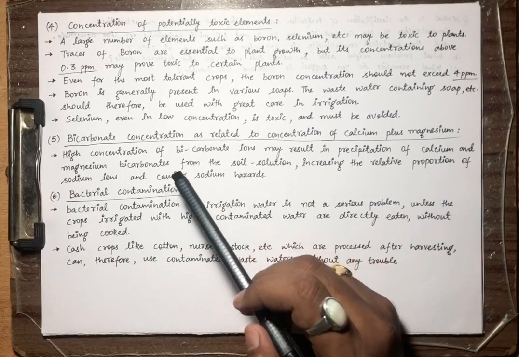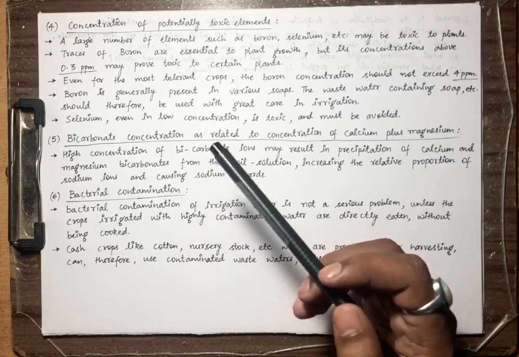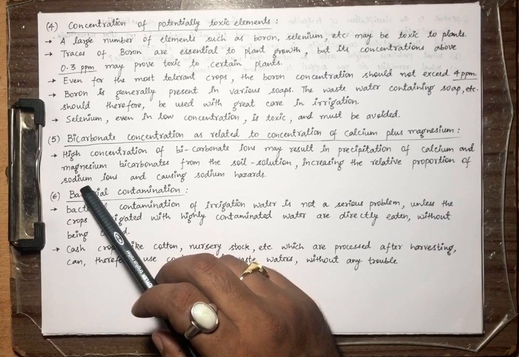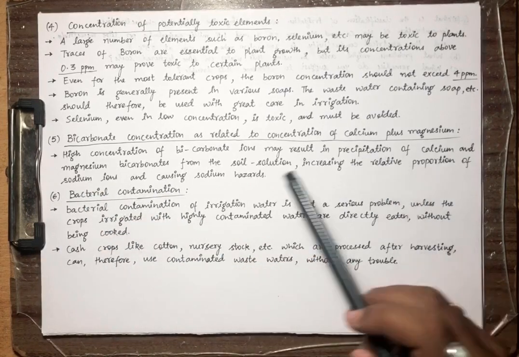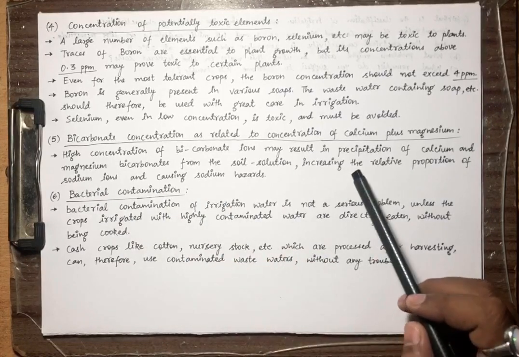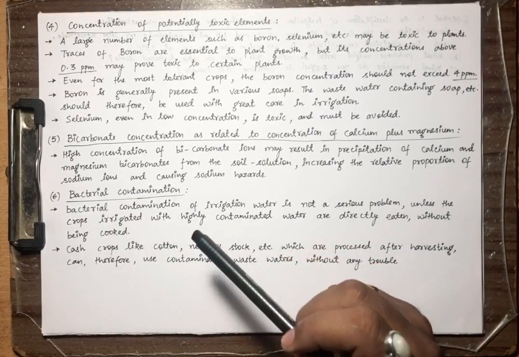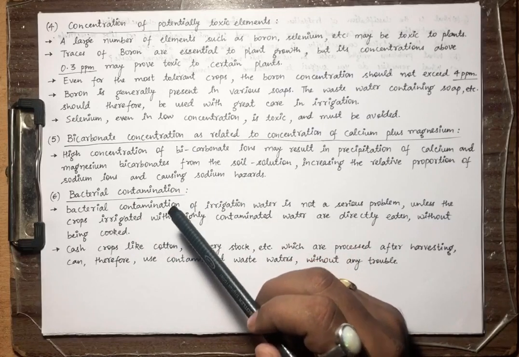If bicarbonate is present in high concentration, it will react with the calcium and magnesium and precipitate them from the soil solution, increasing the relative proportion of sodium ions and causing sodium hazards. So you can relate this to sodium ion concentration.